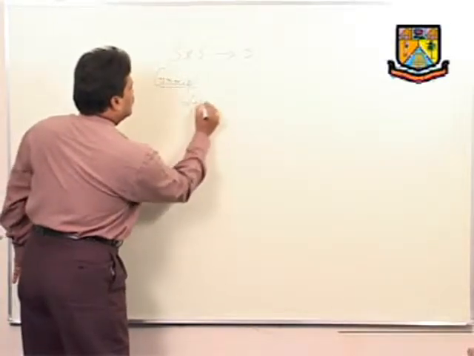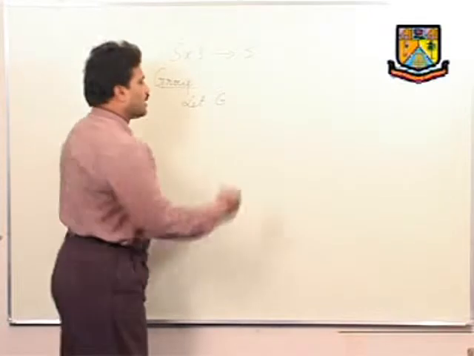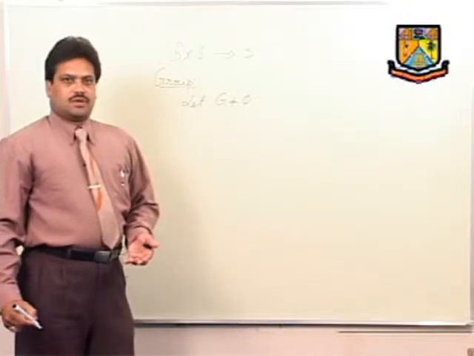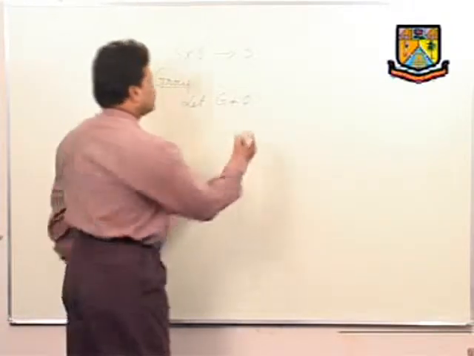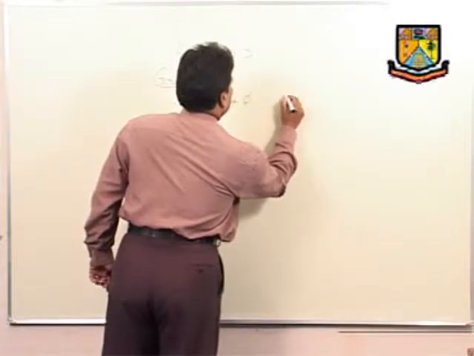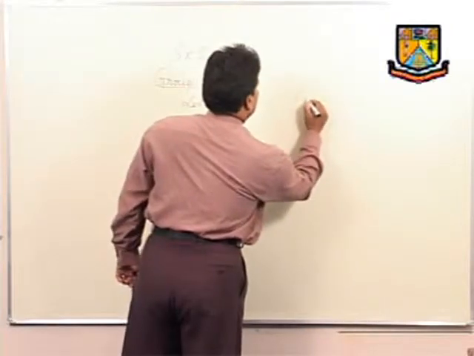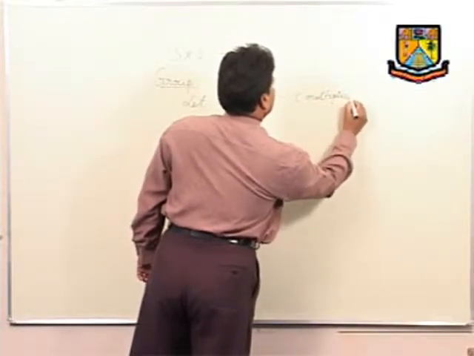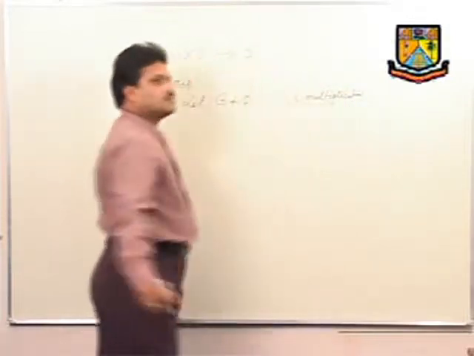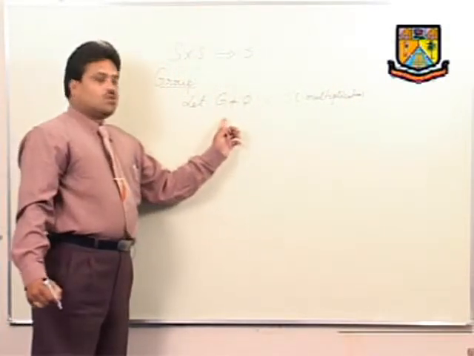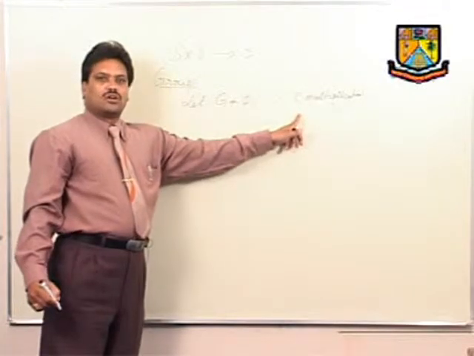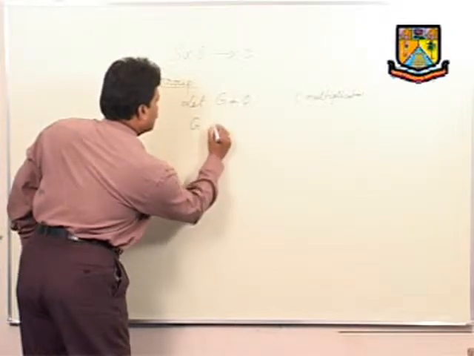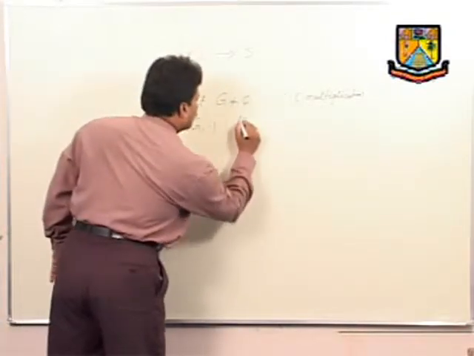Let G be a non-empty collection of elements. You take a binary operation dot. This is multiplication. Then this G together with this binary operation dot is said to form a group.